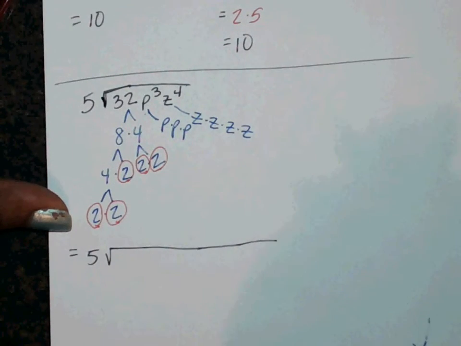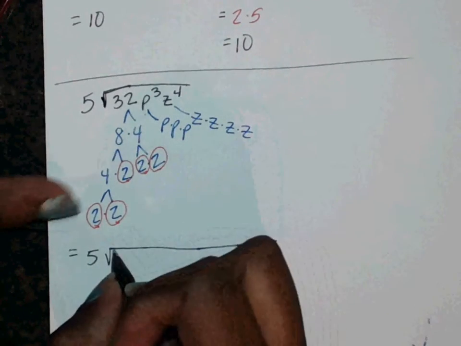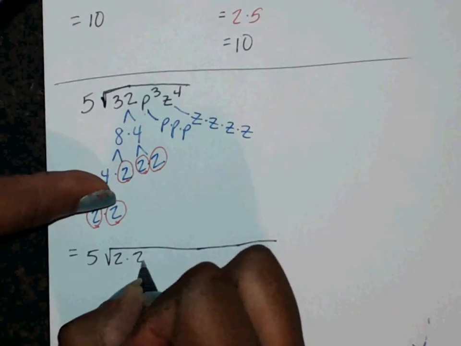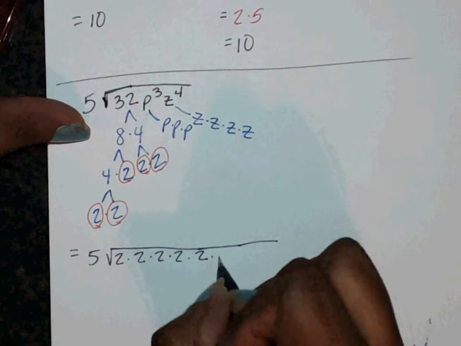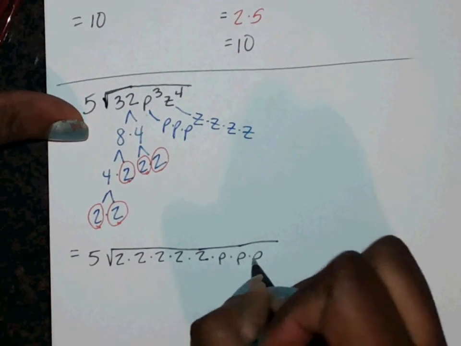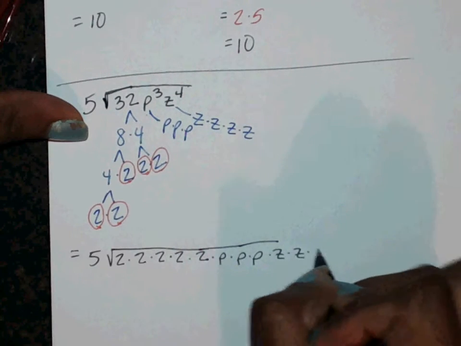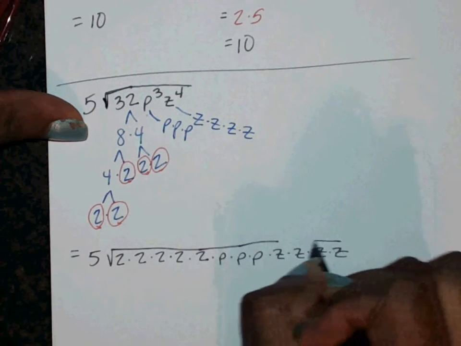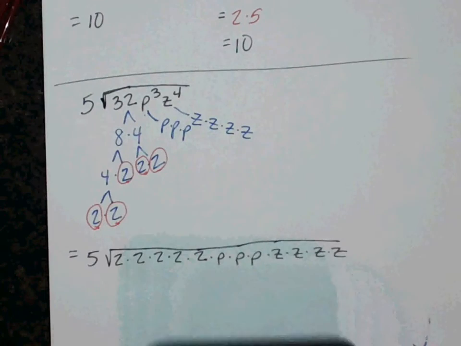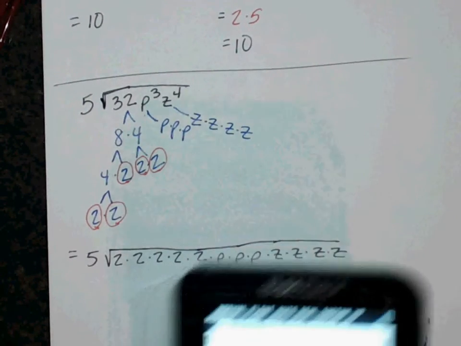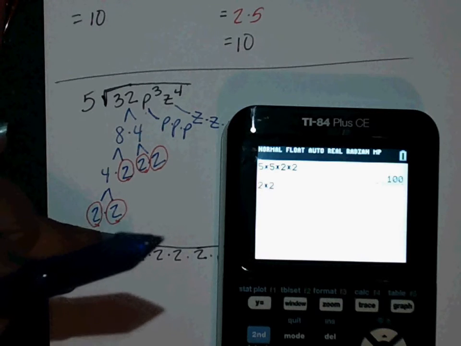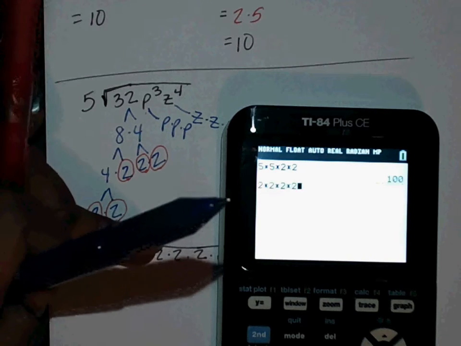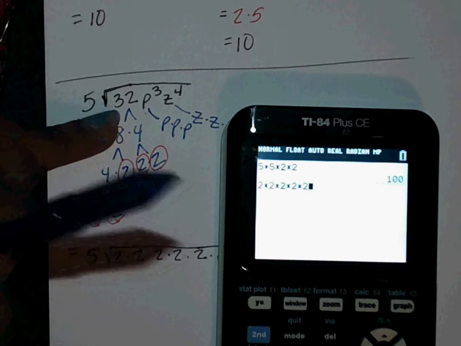So if I was to rewrite this, I'm going to need a very long radical. It'll be 2 times 2 times 2 times 2 times 2 times p times p times p times z, z, z, z. And just to check myself, I always try to check myself. I'm going to do 2 times 2 times 2 times 2 times 2, and I should get 32.